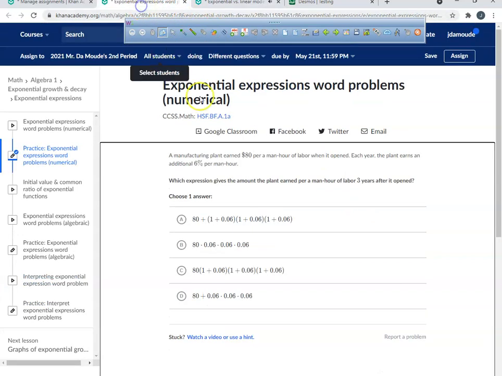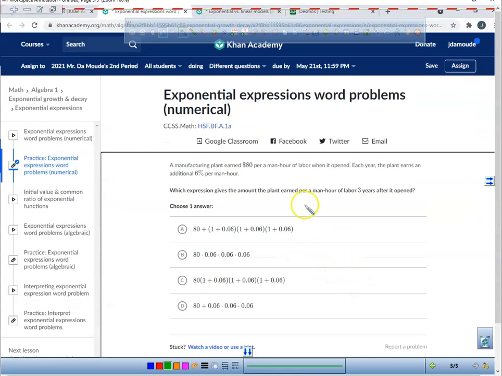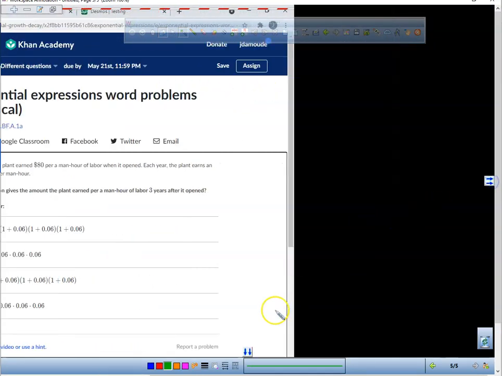Okay. So right now, we're going to take a look at 4 more problems. Exponential expressions in word problems. And this is where it's going to be very useful to have your equation, y equals a times b to the power of x.